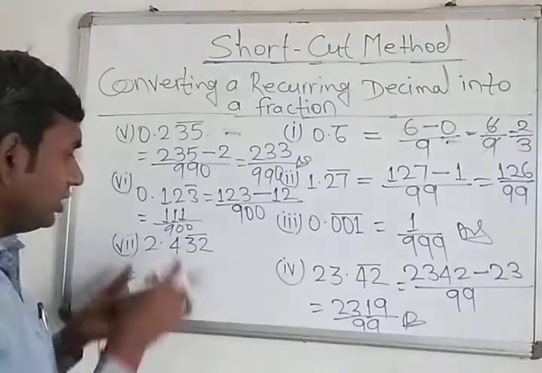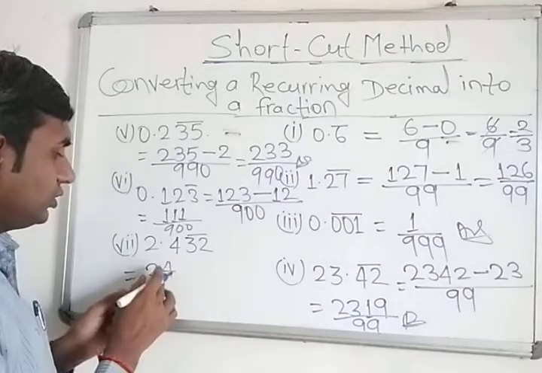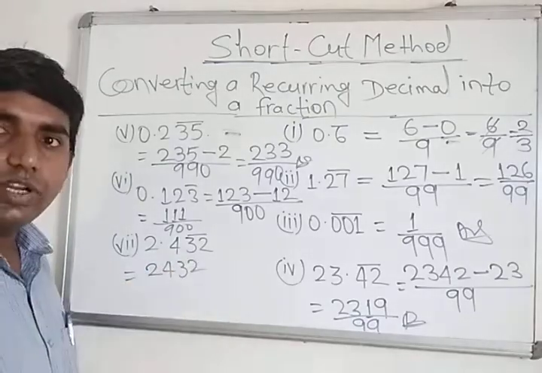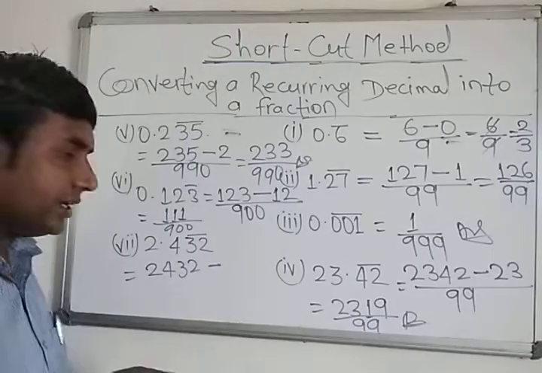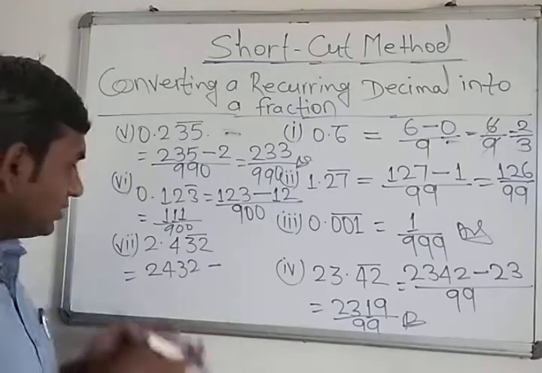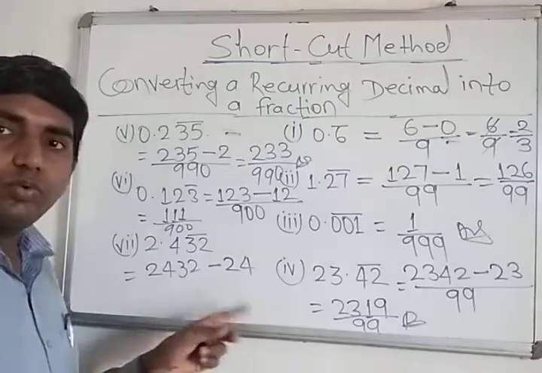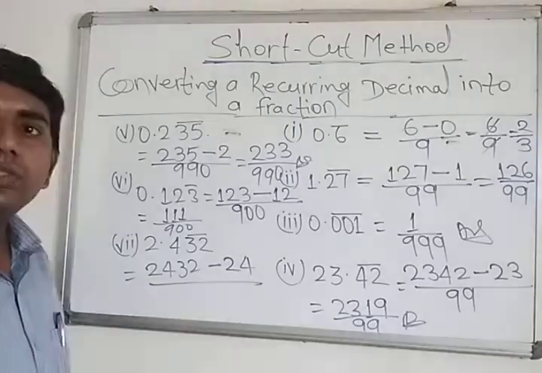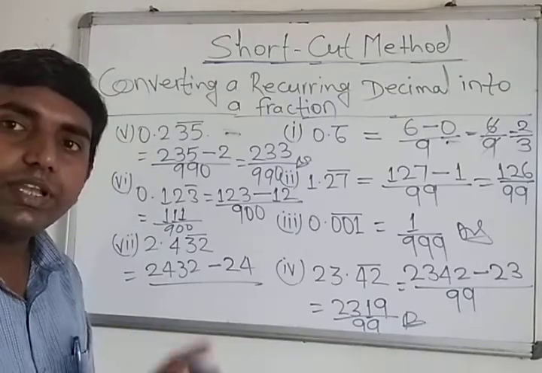Okay. Now in this question, example number 7, we have 2.432 with the bar on 32. We want to write this number in the form of a fraction, so we write the whole number 2432. Now minus those digits which are non-recurring, whole or after decimal. Here 2 and 4 are non-recurring, so we write 24, divided by the number of 9s which is equal to the number of recurring digits.